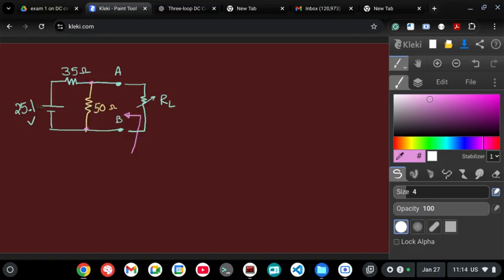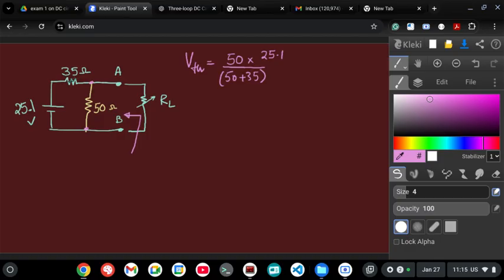In the presence of 50, the VTH will be by potential division. So 50 into 25.1, divided by 50 plus 35. You know this thing, right? Any doubt in this?